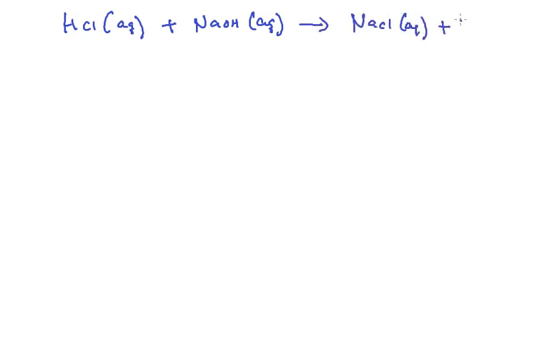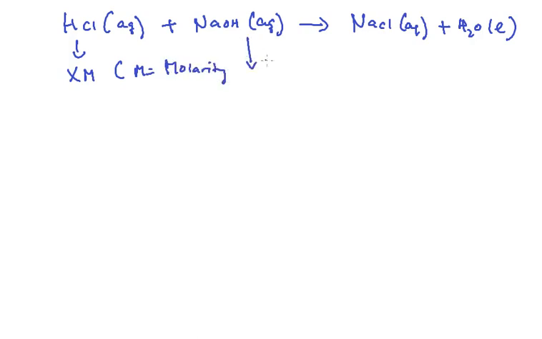So we have hydrochloric acid, which is aqueous, react with sodium hydroxide, which is also aqueous, gives us sodium chloride, aqueous, and water is a liquid. We don't know the concentration of hydrochloric acid. I would say X M, where M stands for molarity.